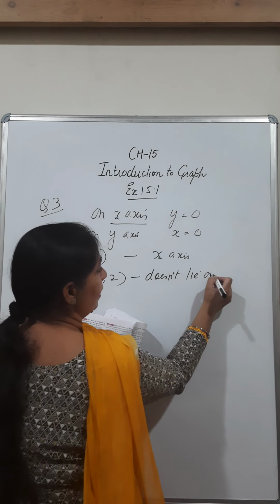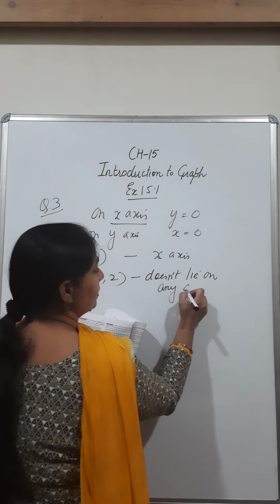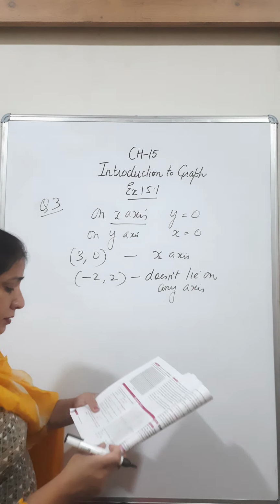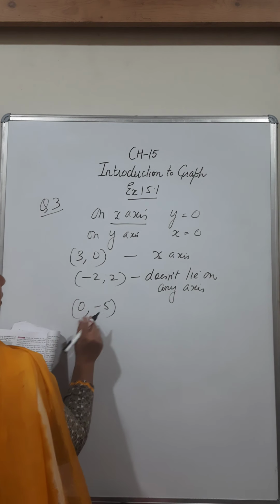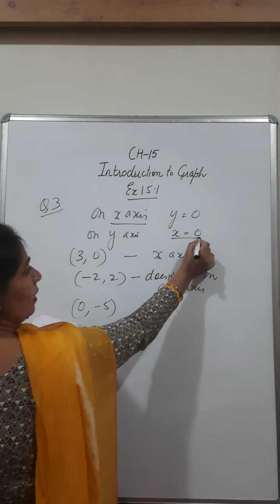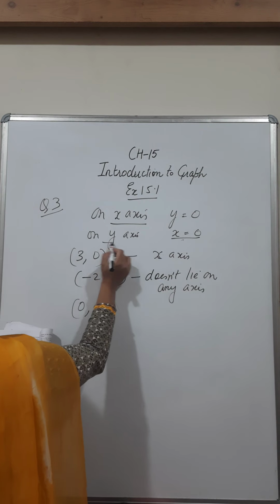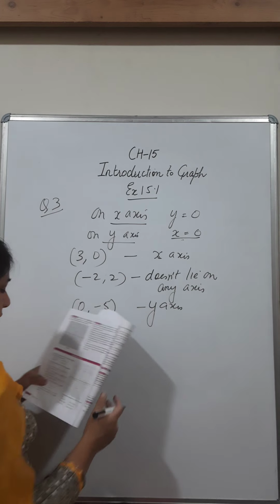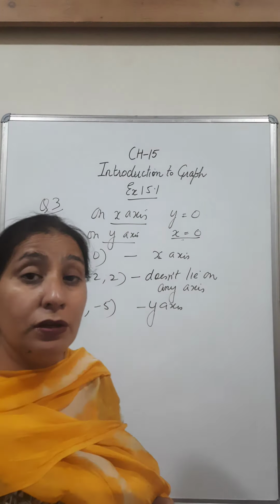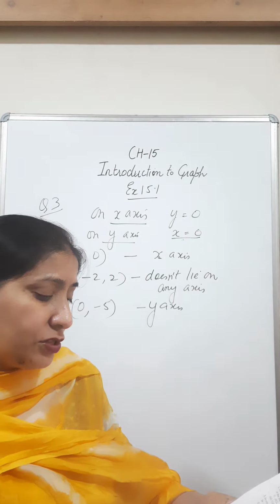Similarly, if you have the point 0 comma minus 5, you can see x is 0. If x is 0, it lies on the y-axis. In this way, we can find out which of the ordered pairs lies on which axis.